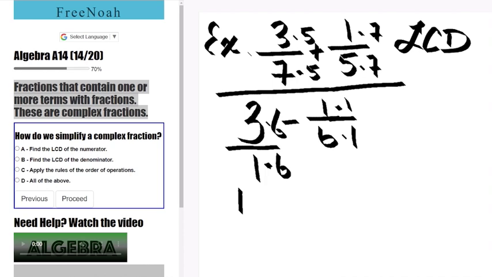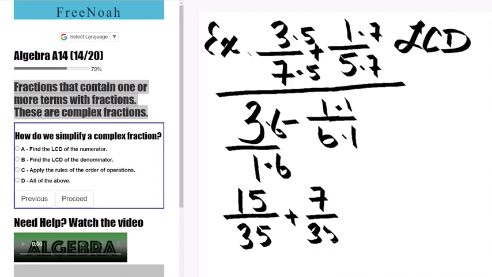The next step would be multiplying. So 3 times 5, well, that gives us 15. 7 times 5 will give us 35. Don't forget the addition sign here. Plus 1 times 7, that is 7. 5 times 7 is 35.